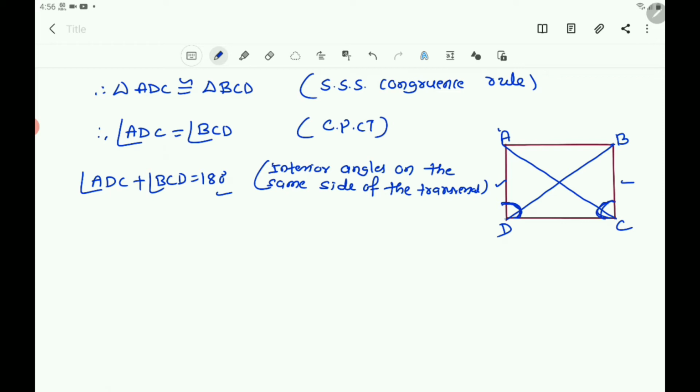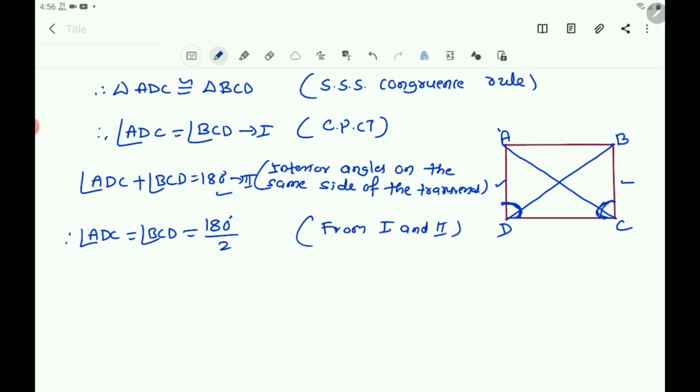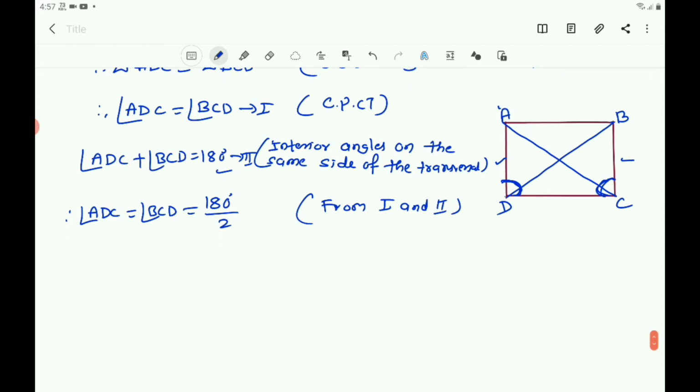Then you can say that therefore you can have angle ADC equals angle BCD, both are equal to what? 180 by 2. So if you consider this is the first, this is the second, you can take from first and second. Here the sum is 180 and they are equal, means they are equal to 180 by 2.